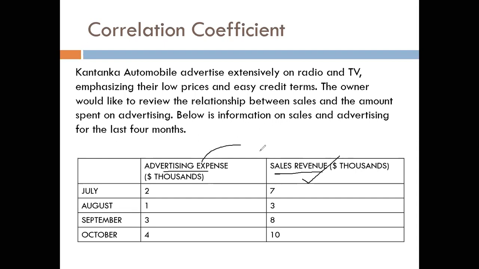So advertising expenses is the influencing factor, that is the predictor variable, and the revenue is the dependent variable, the variable which is influenced.